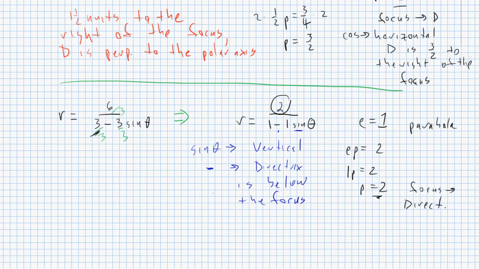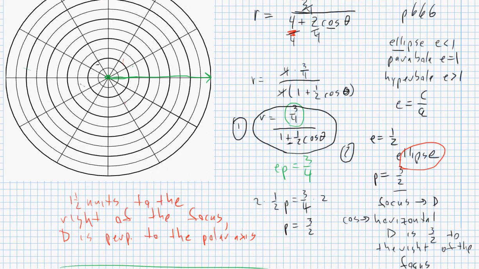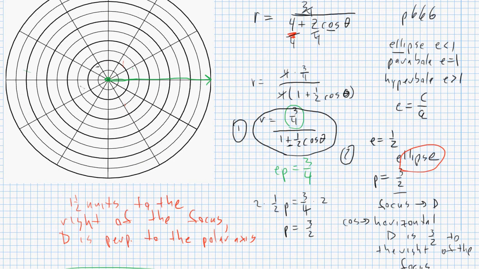So we go back up to our polar graph with that information. Up here, this right here is the focus. P was 1 unit, so that's going to be right here. One unit, and the minus meant 1 unit below.